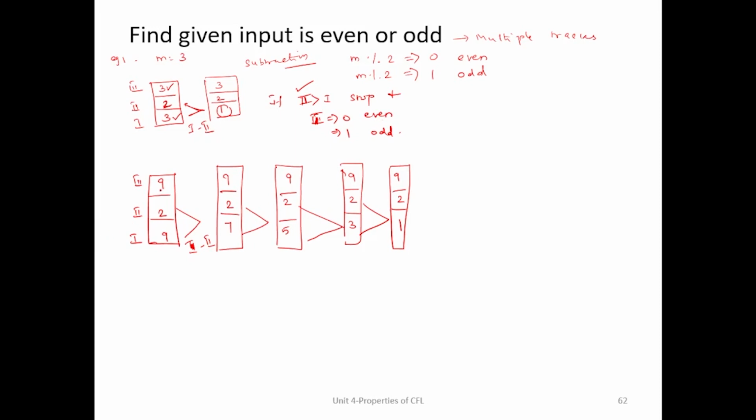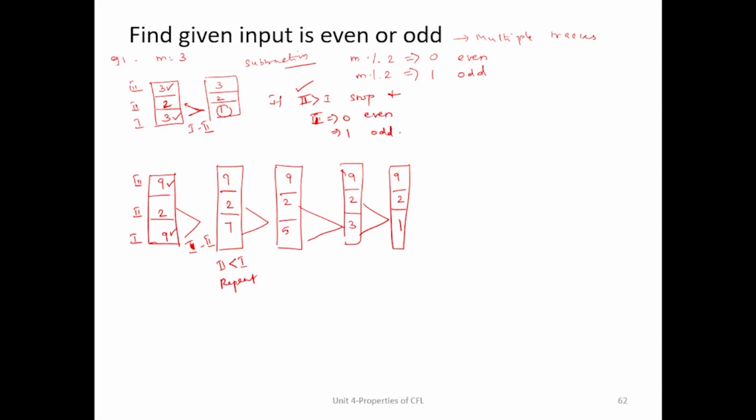For example, I am taking the number 9, and checking whether 9 is even or odd. The same number is stored at track 1 and 3, and we subtract track 2 from track 1, and the resultant value is stored at track 1. Again we repeat the process while track 2 value is less than track 1, which means repeated subtraction.